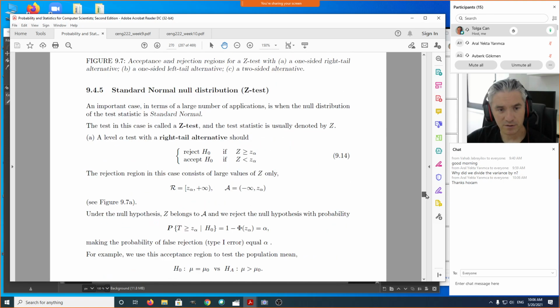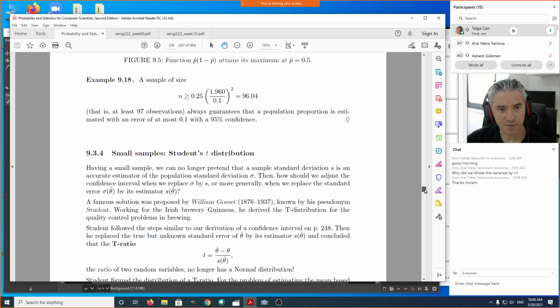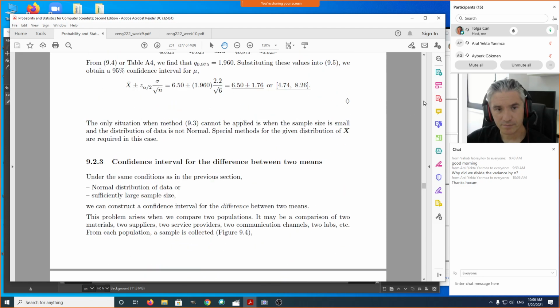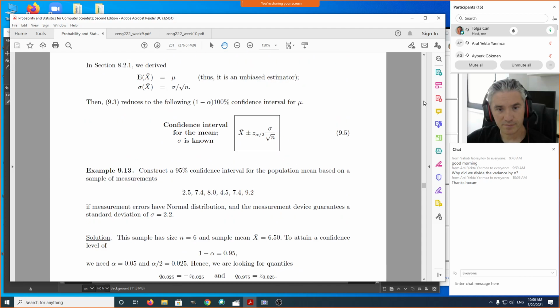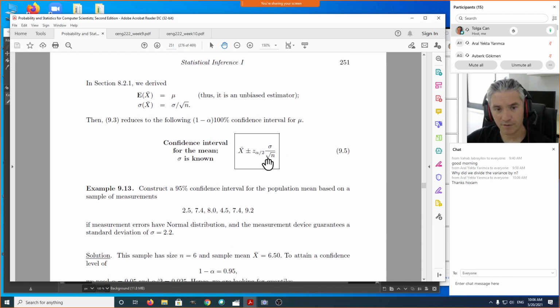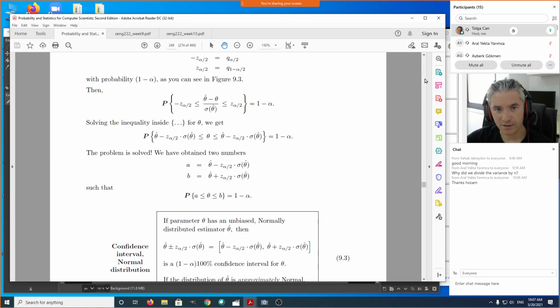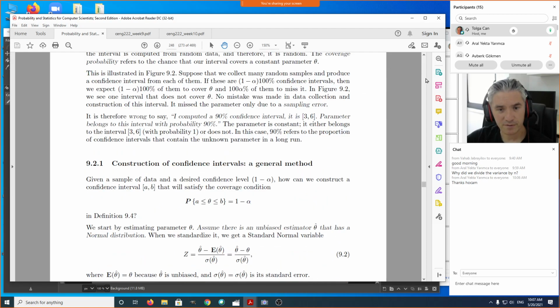All right, so let me come back to 9.3. Here we were looking at the proportions.